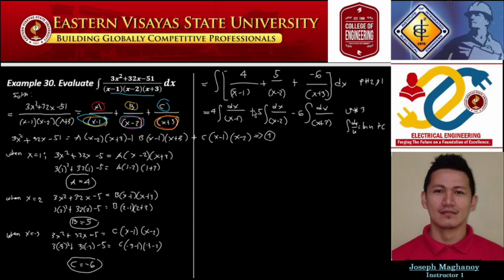If we apply our logarithmic number 3 formula, that would be 4 ln of x minus 1 plus 5 ln of x minus 2 minus 6 ln of x plus 3. Of course, plus your arbitrary constant.